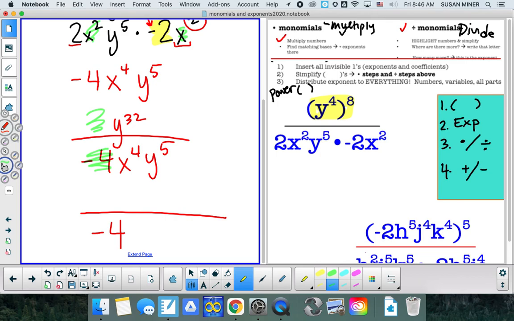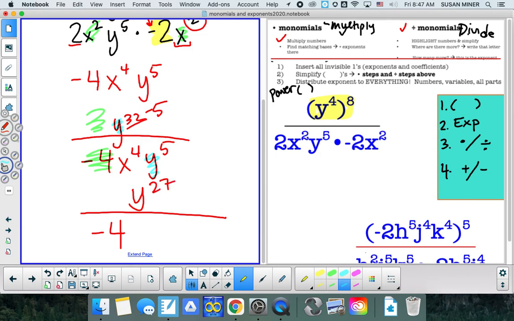Then I'm going to match up any variables. Y and y match up. So I'm going to end up with y to the 32 minus 5. And it's going to end up in the numerator because there's more exponents in the numerator to start with. And so 32 minus 5 is 27.